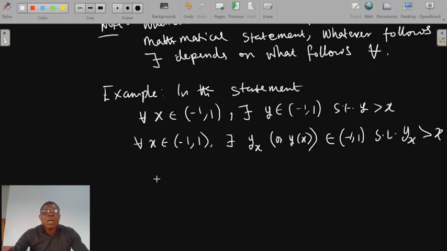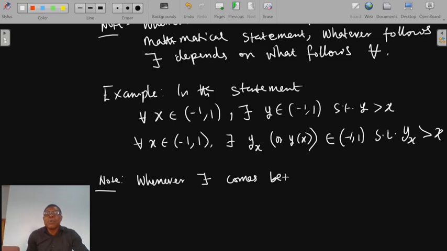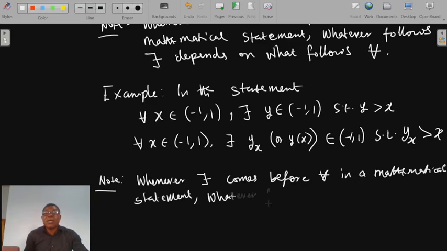Now, the next thing we should note is the following. We note again, whenever there exists comes before for all in a mathematical statement, whatever follows for all.